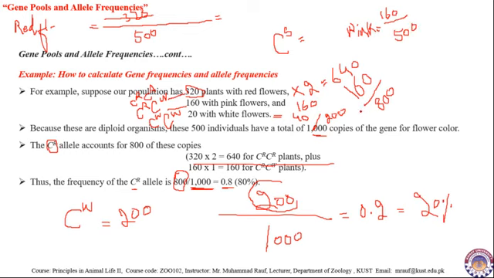And similarly for white flowers, how many white flowers are there? 20. Divide it by 500, and then sum it up.